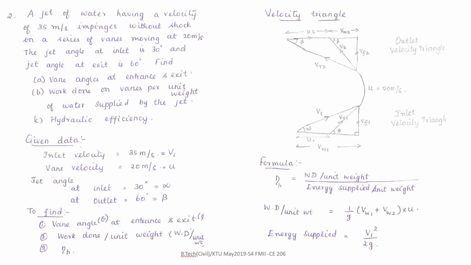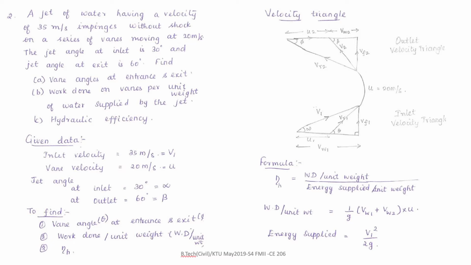V1's horizontal component is VW1, V1's vertical component is Vf1. These are the things you have to represent in the inlet velocity triangle. What are the things? V1, U1, VR1, VW1 and Vf1. Okay, clear?